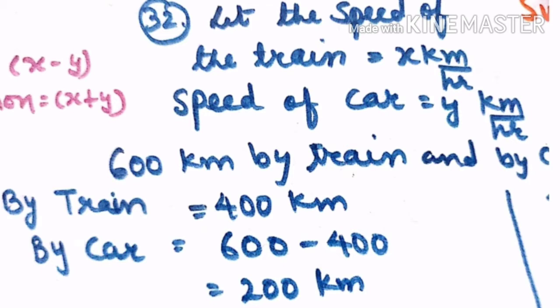The rest by car: the total distance is 600 and by train 400, so 600 minus 400. We subtract the distance by train to get the distance covered by the car, so here 200 km by car.